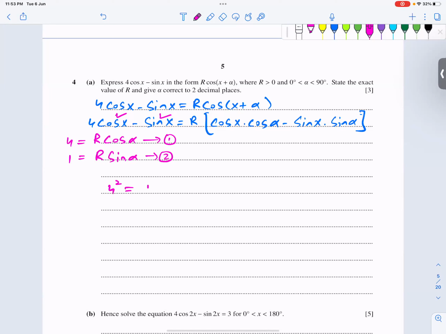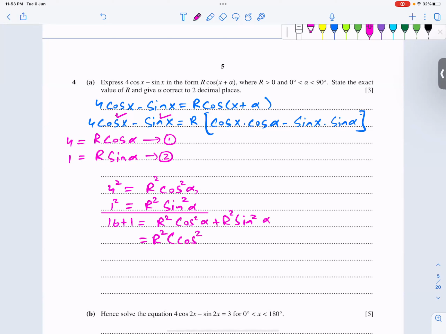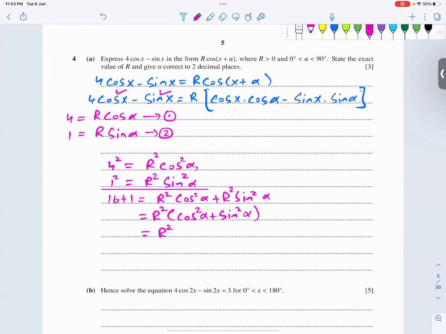Always square the first equation and then square the second equation, both sides, and then just add them. You will find 16 plus 1, and the right side will be r square cos square alpha plus r square sine square alpha. If you take r square common, inside will be cos square alpha plus sine square alpha, which is another identity equal to 1, and the left side will be 17. So r will be square root of 17.